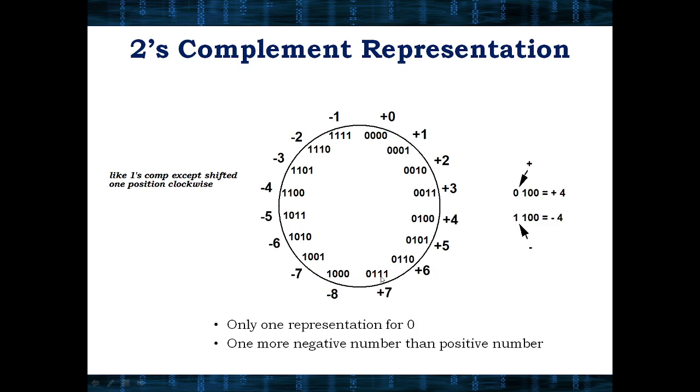Plus 8 is not there, but we got a minus 8 here. So there is one more negative number than positive numbers. It is like 1's complement, except shifted one position clockwise.